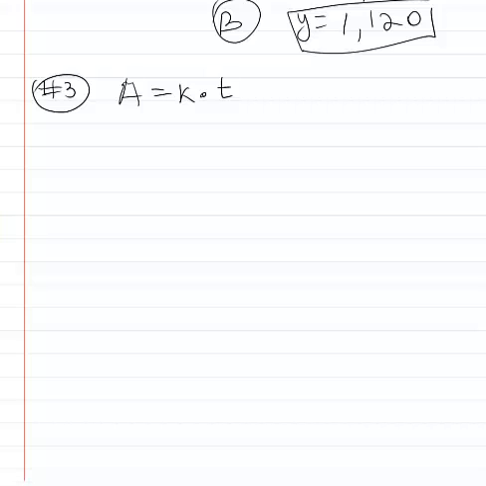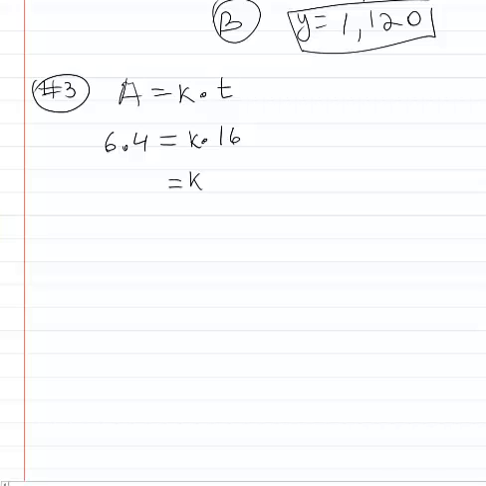It says a shower lasting 16 minutes requires 6.4 gallons of water. Find the amount of water used in a shower lasting 5 minutes. Okay, so that means we're going to solve for that constant first.